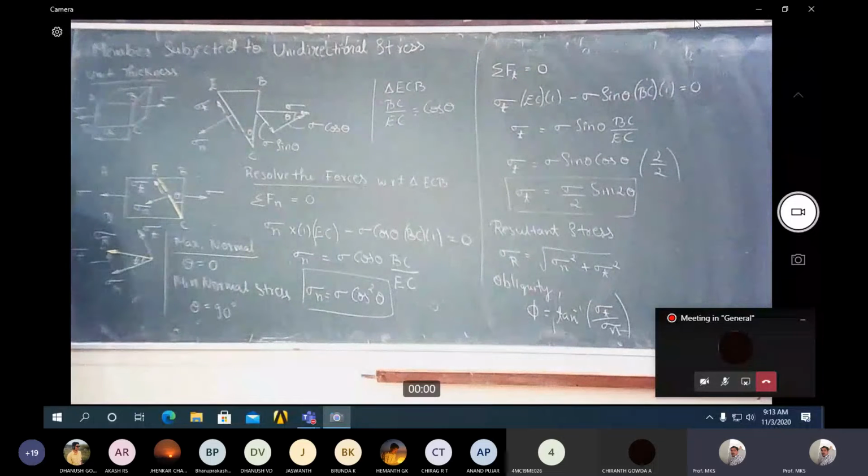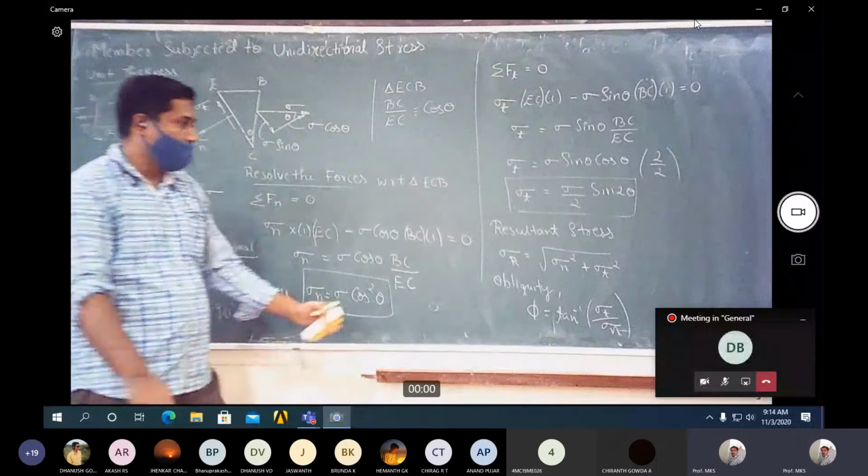Similarly, for tangential stress, we have sin 2 theta. I need sin 2 theta to be 1. The sine will be 1 whenever the angle is 90 degrees, so theta has to be 45 degrees or 135 degrees.